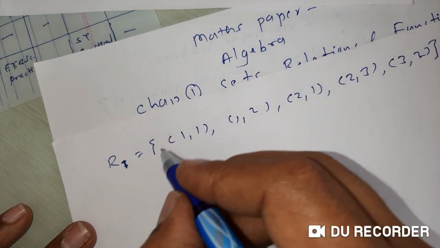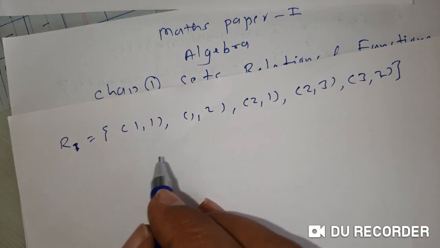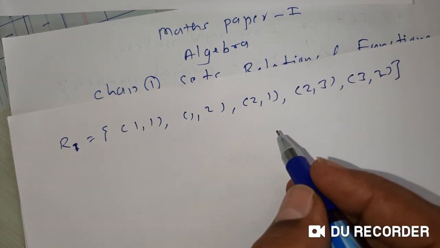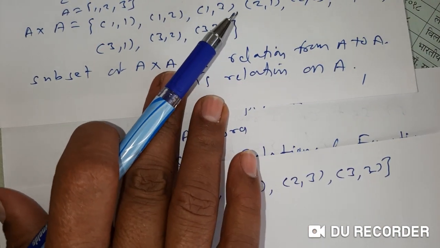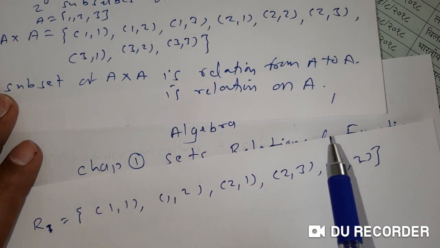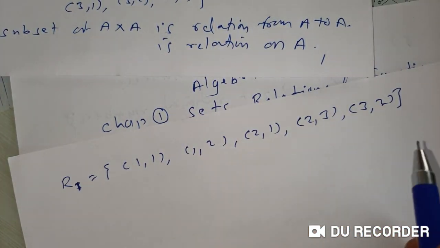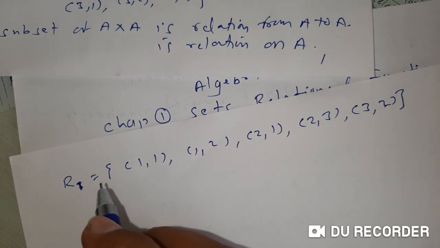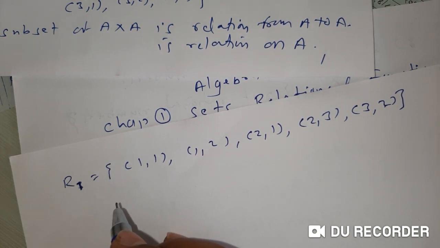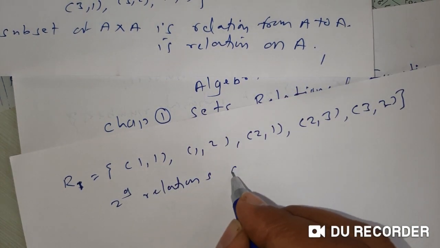This is a subset of A cross A, and so it is one of the relations on A. A cross A contains a total of 9 elements, and that's why we have a total of 2 raised to 9 subsets of A cross A. That is, we have a total of 2 raised to 9 relations on A.